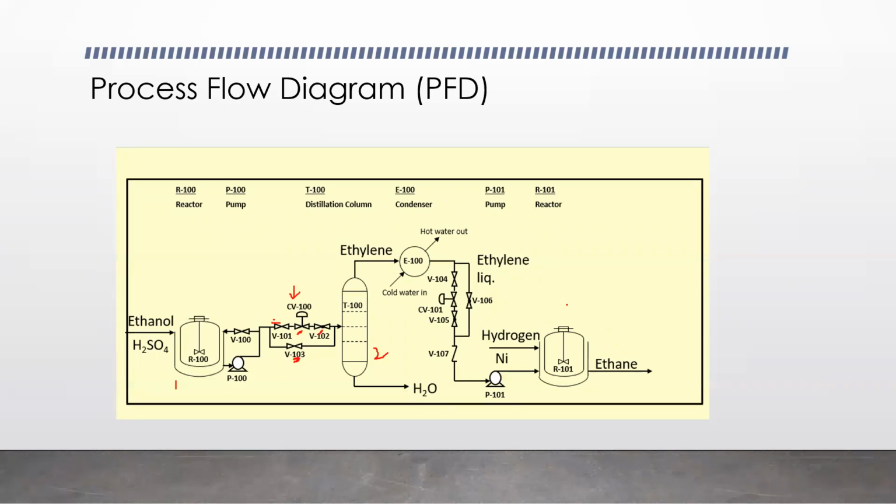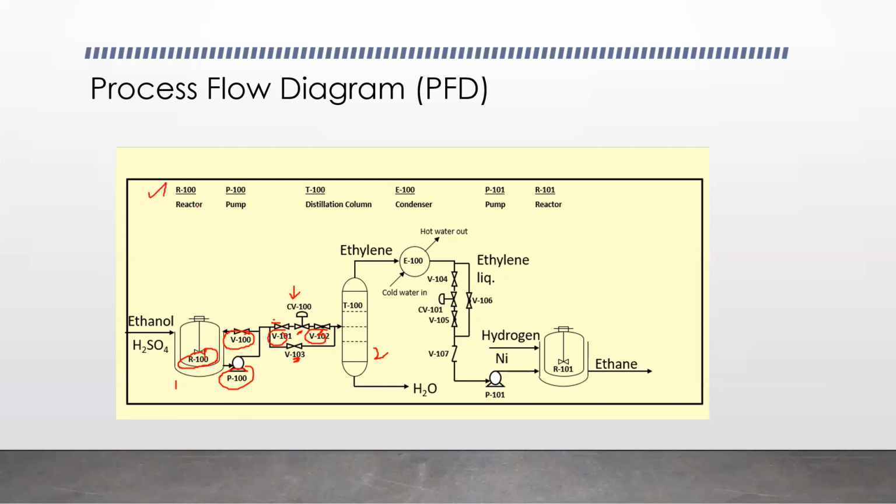We simply mark it. For example, we have marked it as R100. Similarly, V100, P100, V101, V102, CV100. CV is a control valve. All right. Then V103.